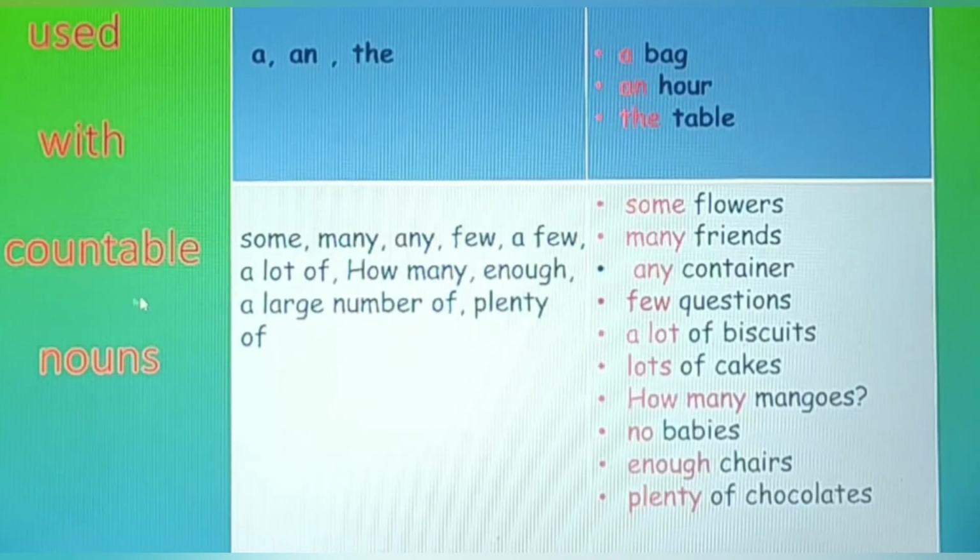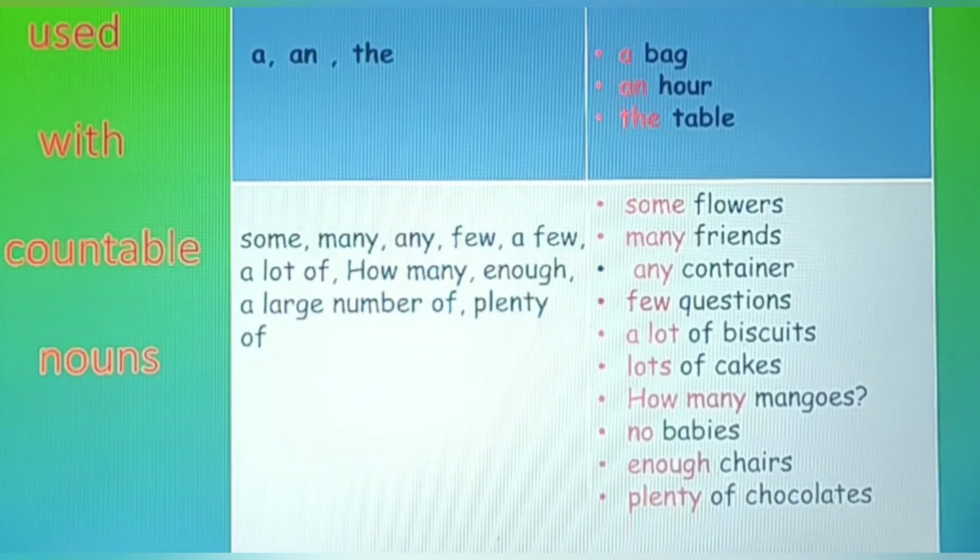Then we have some, many, any, few, a lot of, how many, enough, a large number of, plenty of, etc. For example, some flowers. Many friends. I have many friends. Any container. Put the sugar in any container, right?